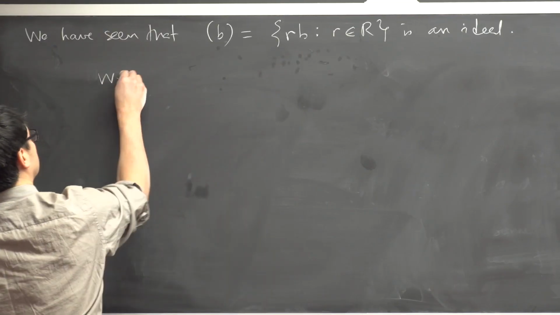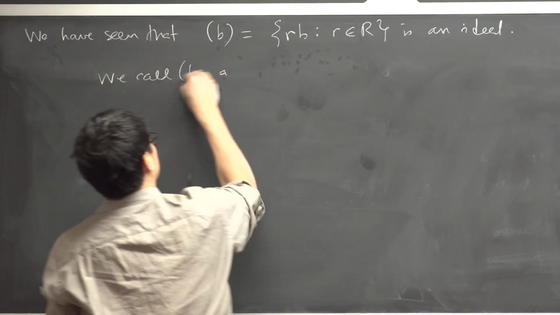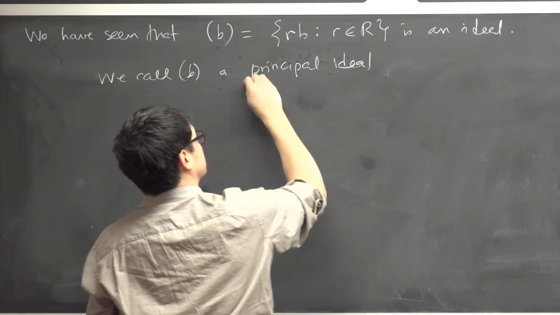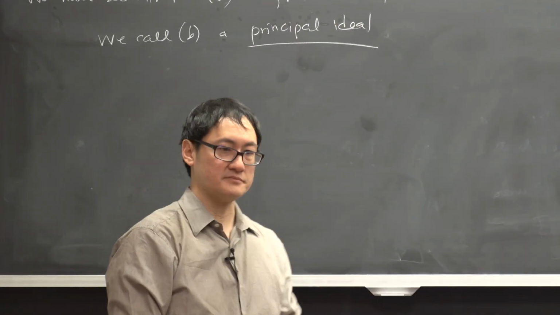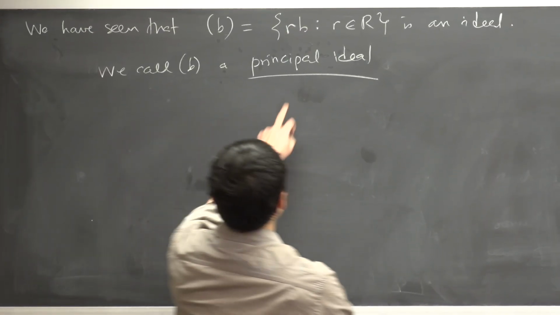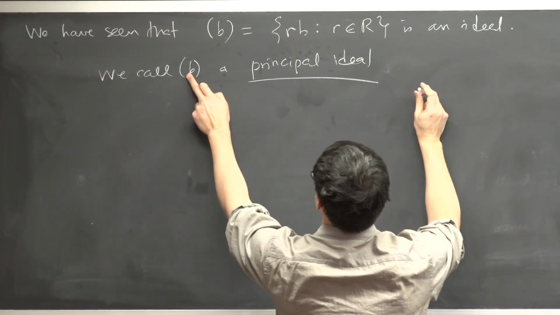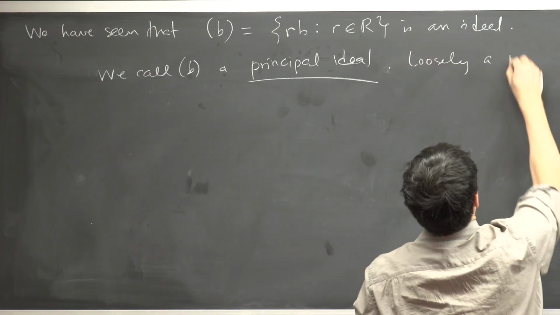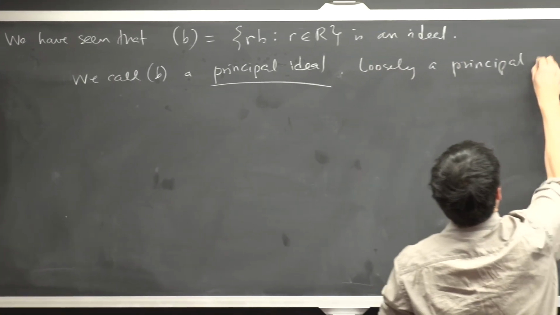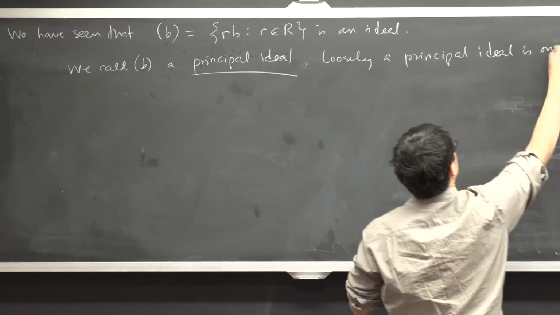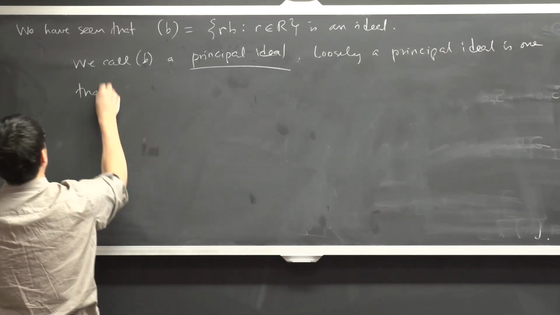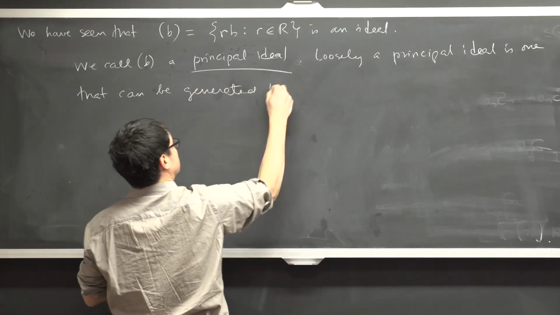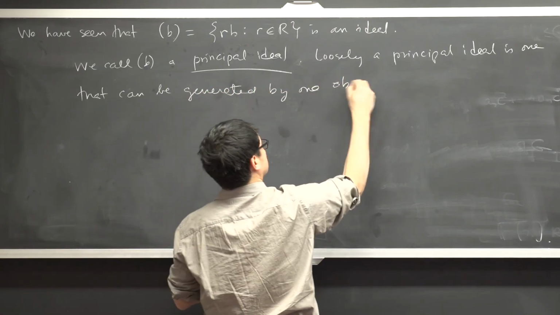We call B a principal ideal, okay, right? A principal ideal is an ideal that is generated by one object, okay? So loosely, a principal ideal is one that can be generated by one object.